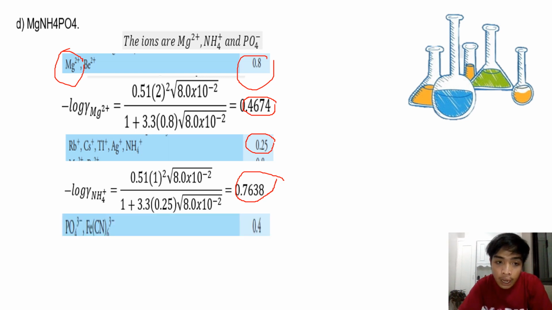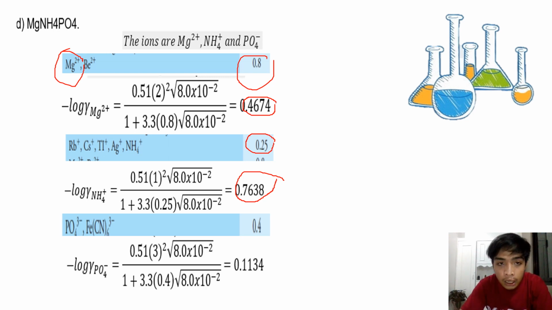And lastly, for the phosphate ion, the charge is -3 and the effective diameter is 0.4.